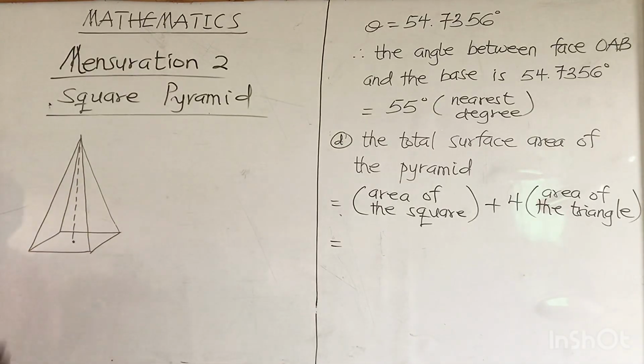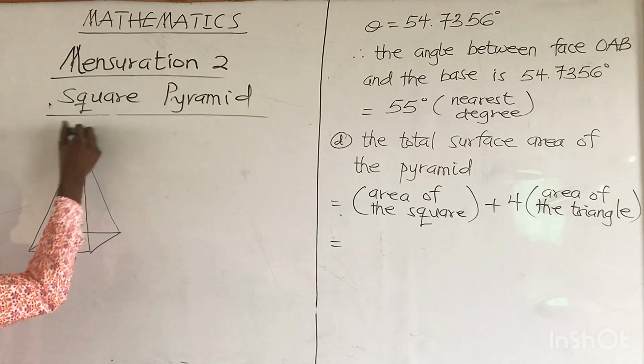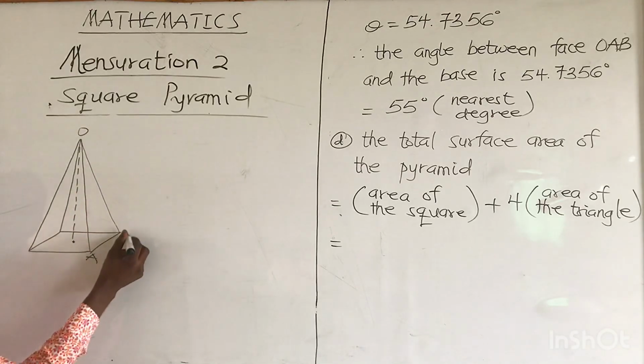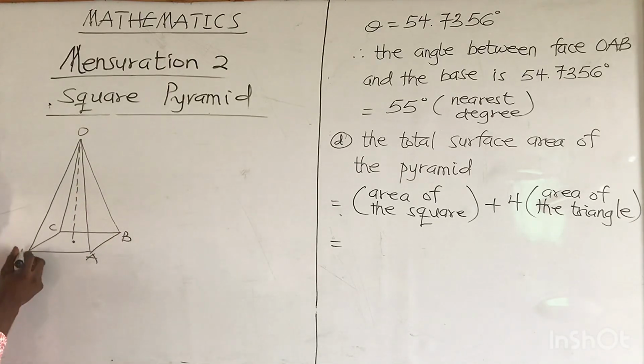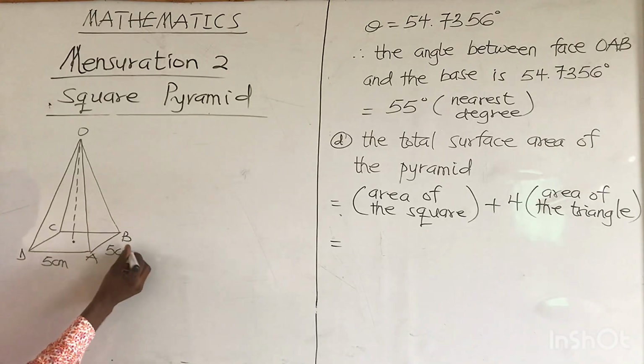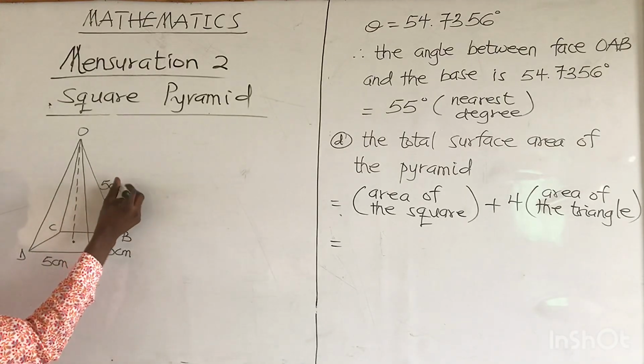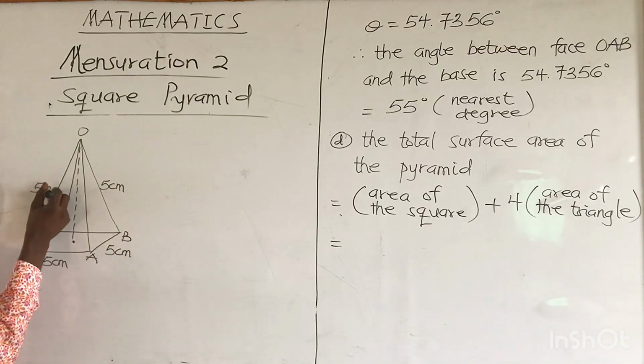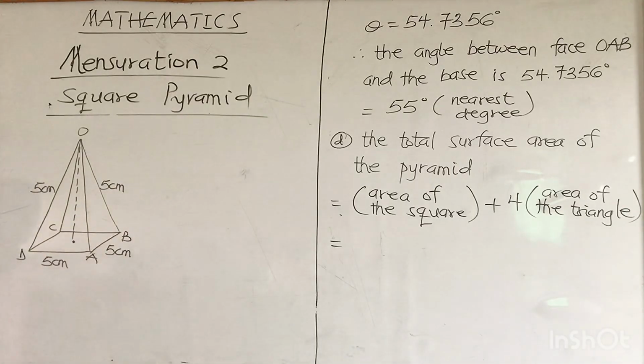All right. So we have the vectors O, A, B, C, D, 5 centimeters, another 5 centimeters, another 5 centimeters, and here is also 5 centimeters.